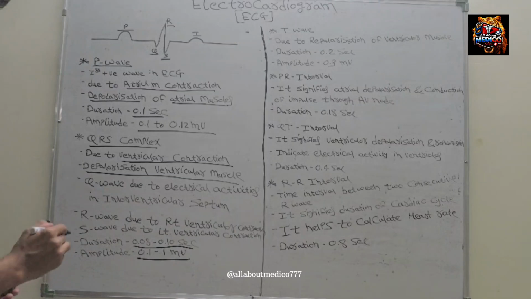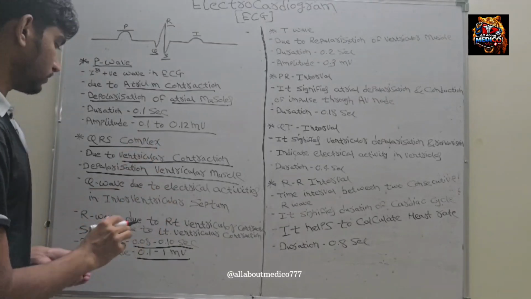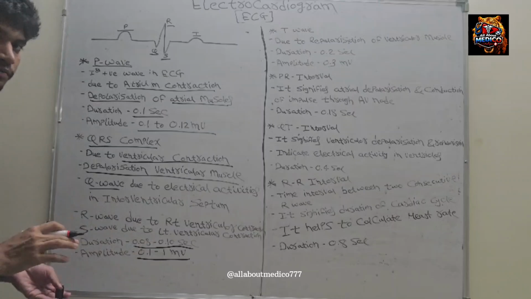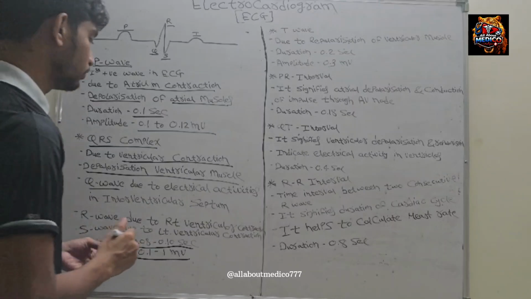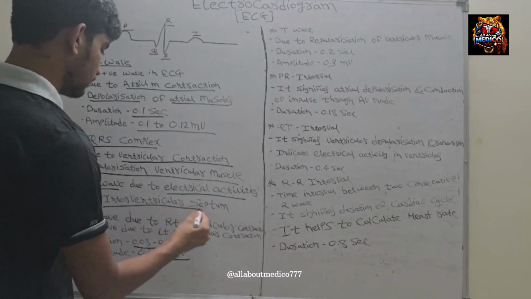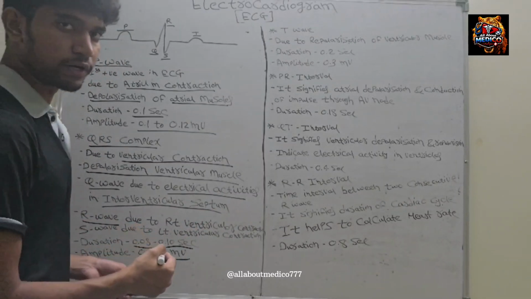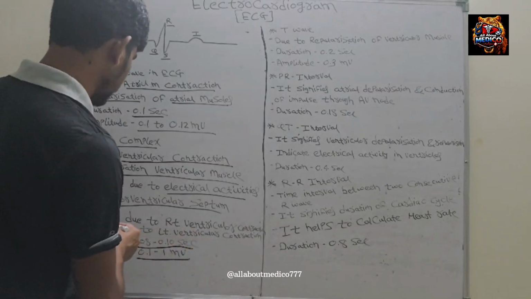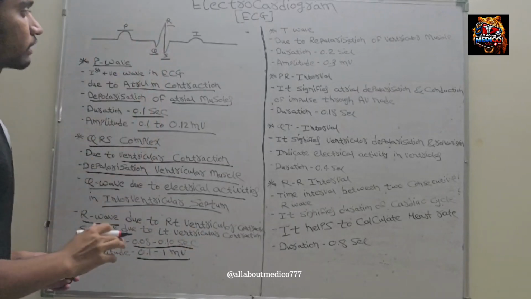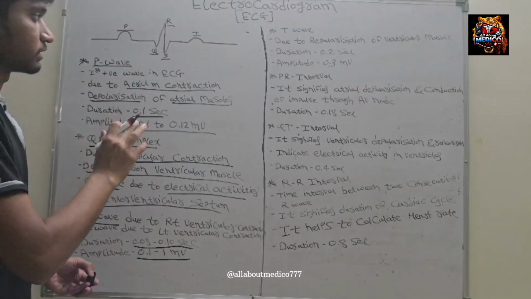The Q wave is due to electrical activity of the interventricular septum. The R wave is due to right ventricular contraction and the S wave is due to left ventricular contraction.